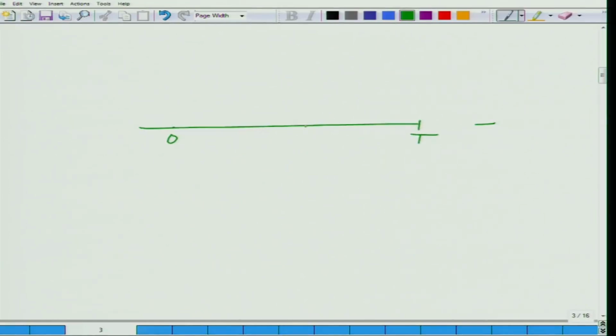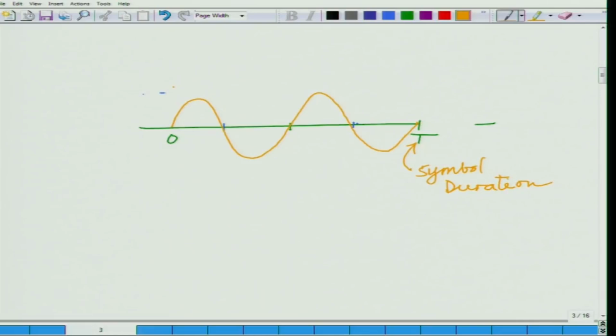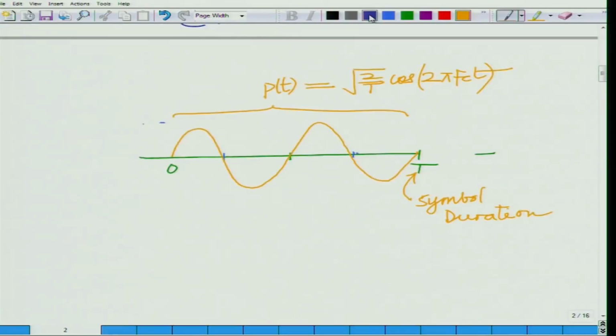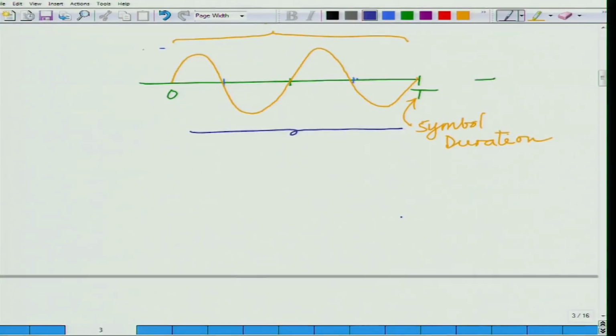This is 0, this is T. This is basically your time duration, the symbol duration, and this is your pulse, square root of 2 over T cosine 2 pi f_c t for 0 less than or equal to t less than or equal to T, where T is the symbol duration, and you can see this contains two cycles of the cosine waveform.